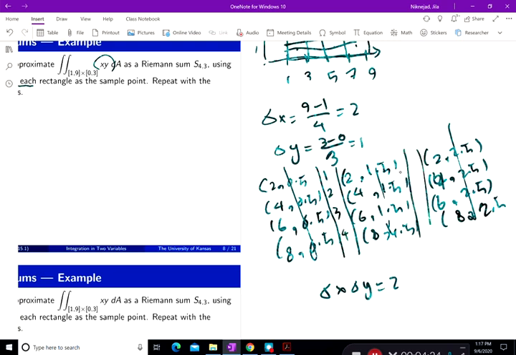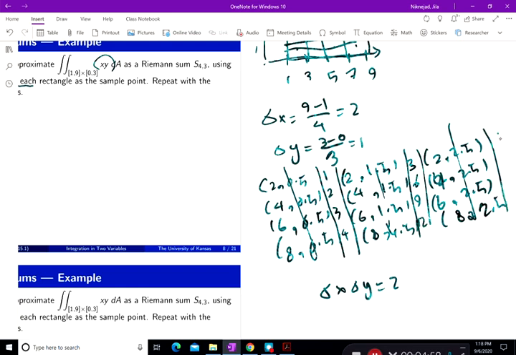The z values for these are 2 times 1.5, which is 3, 4 times 1.5 is 6, 6 times 1.5 is 9, and 8 times 1.5 is 12.